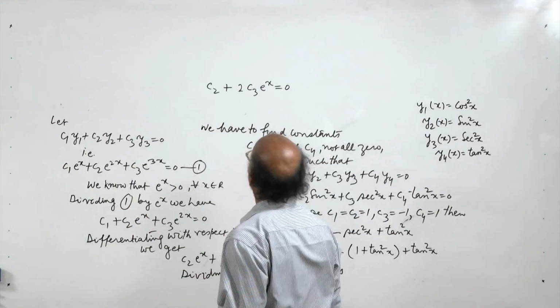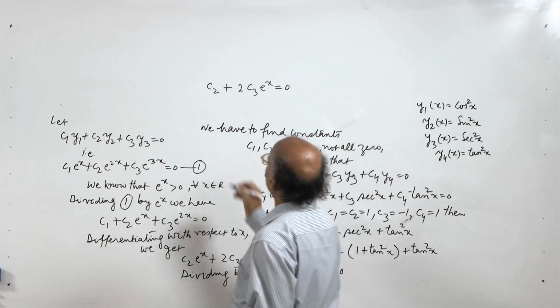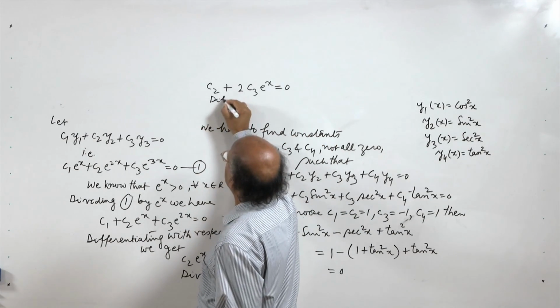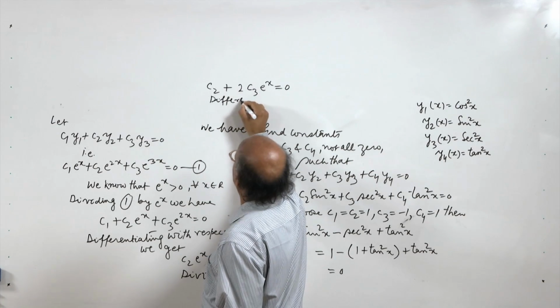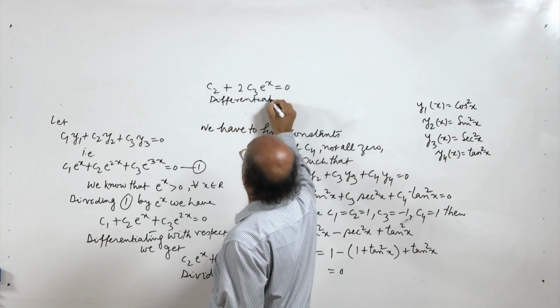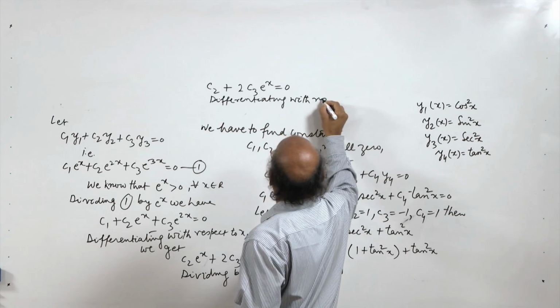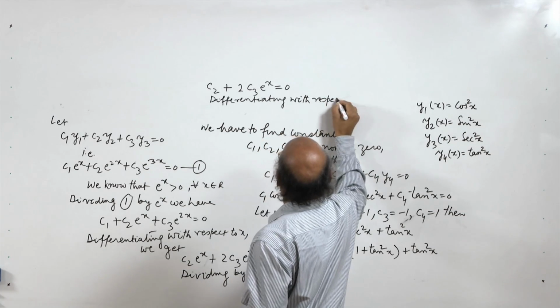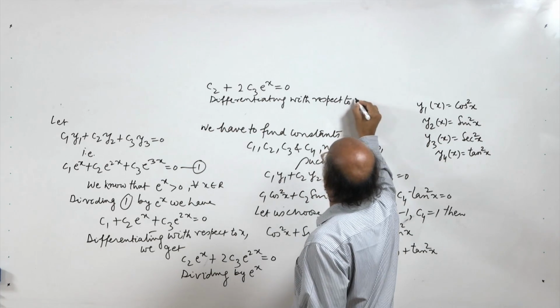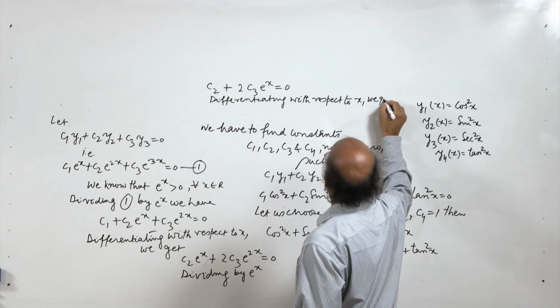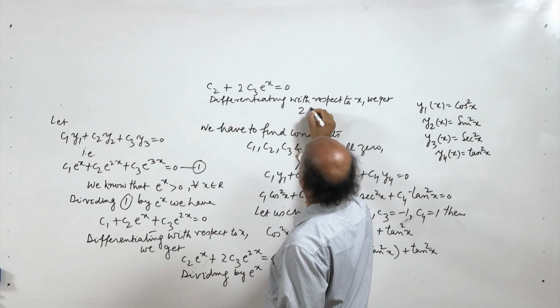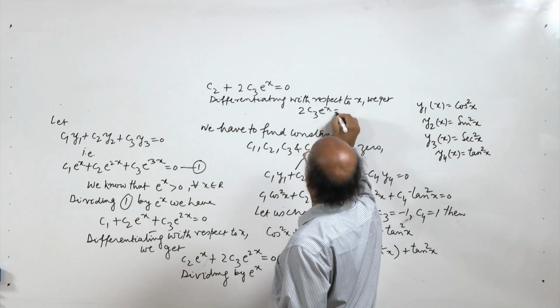Again this equation is valid for every x belonging to R. So differentiating with respect to x, we get 2C3 e to the power x equal to 0.